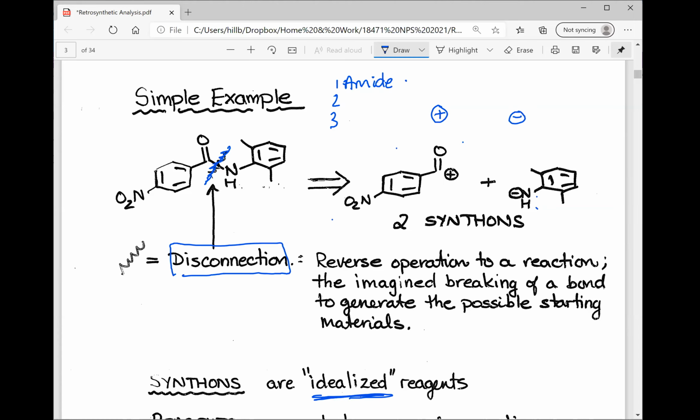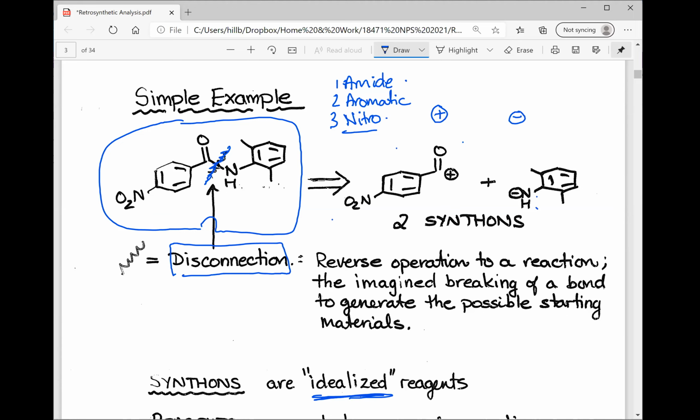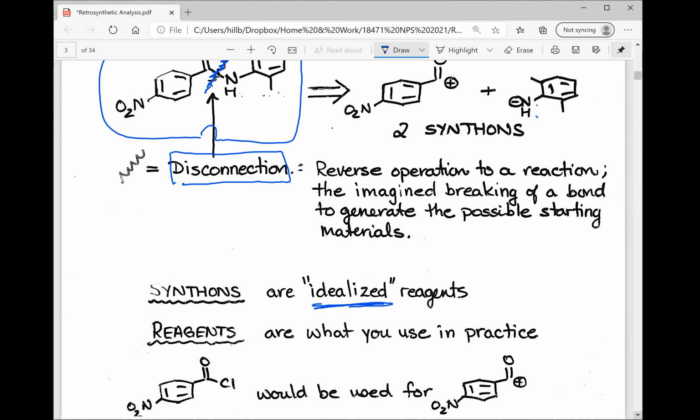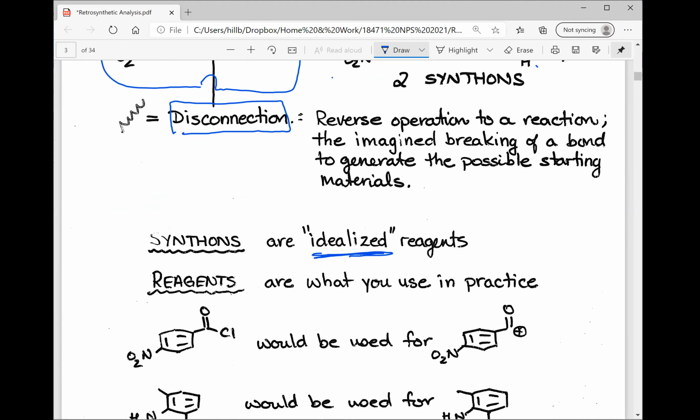The other 2 functional groups in this molecule are what? We've got 2 aromatic rings, and the last one is the nitro group. Okay, so we've got our 2 components, our 2 idealized reagents.